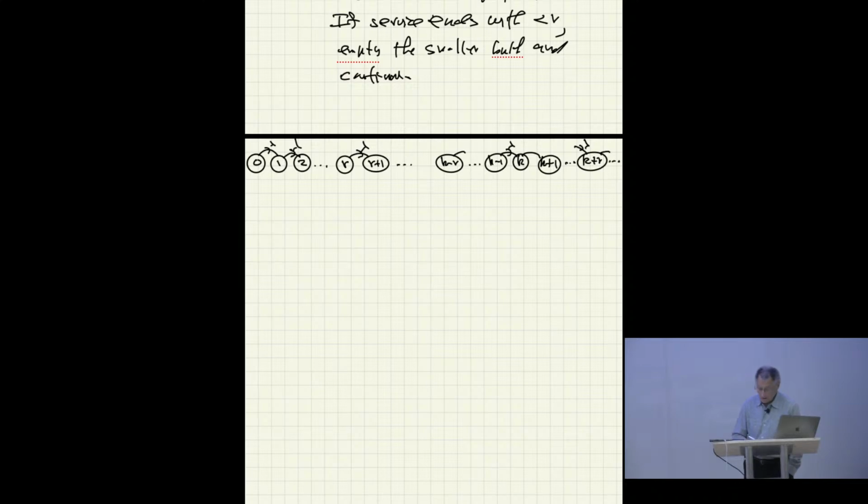Okay, so now departures are different. Suppose I have K in the system. I can arrive to it from the state below it, from K minus 1, and a new arrival will push me to state K plus 1. But if I get a departure, where does it go?